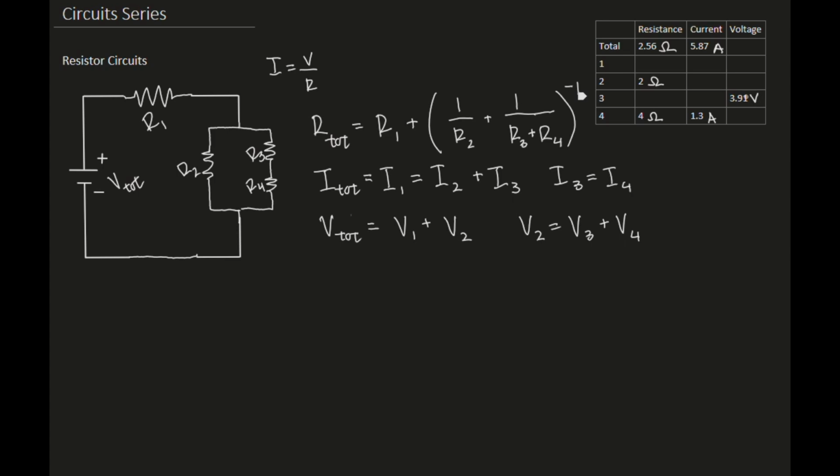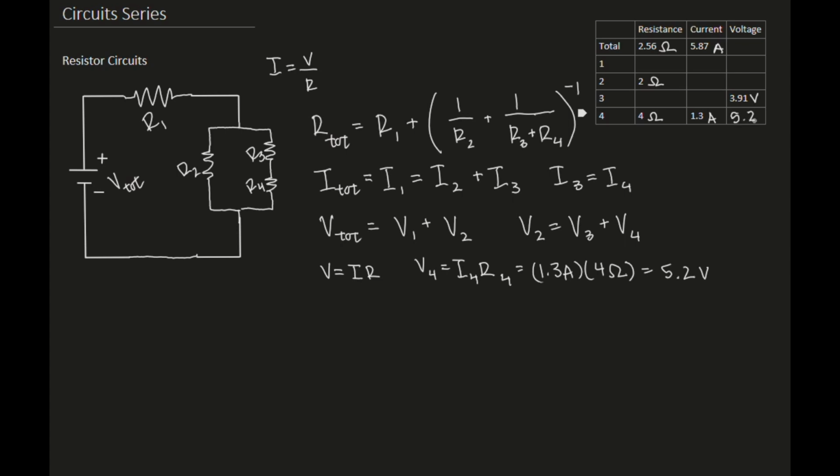The voltage is equal to the current times the resistance. So the voltage at 4 is equal to the current at 4 times the resistance at 4, which is 1.3 amps times 4 ohms, and that gives me 5.2 volts.